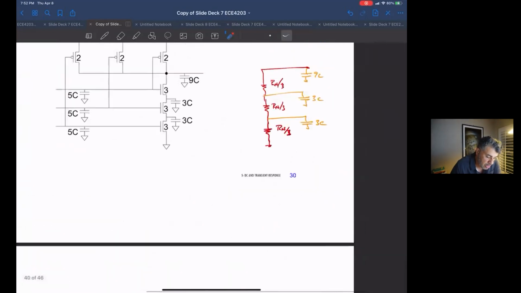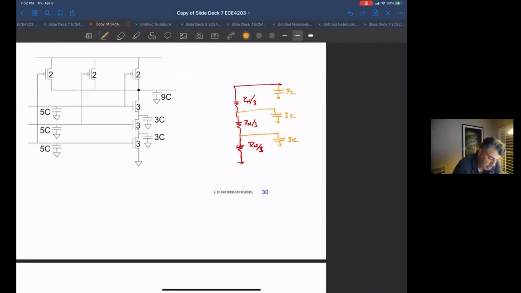So here, if I wanted to get the fall time delay of this, it would be this guy times this. So Rn over 3 times 3C, plus Rn over 3 plus Rn over 3 times 3C, plus all these guys added together times 9C.